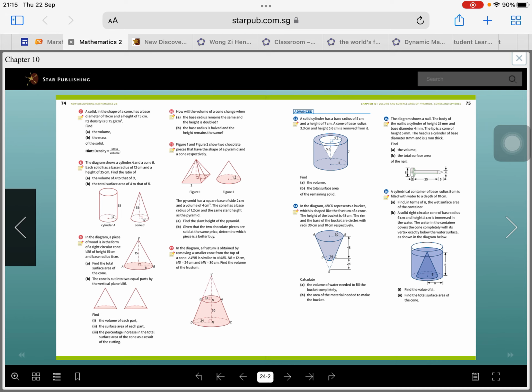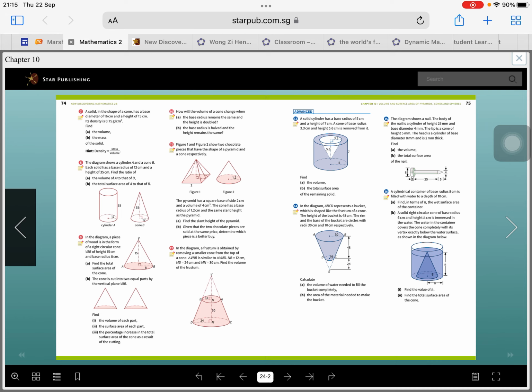Cones is actually also a prism, just that the base is a circle instead of your polygons. In that case the volume will just be 1/3 pi r square times height, since the base area is a circle, pi r square.